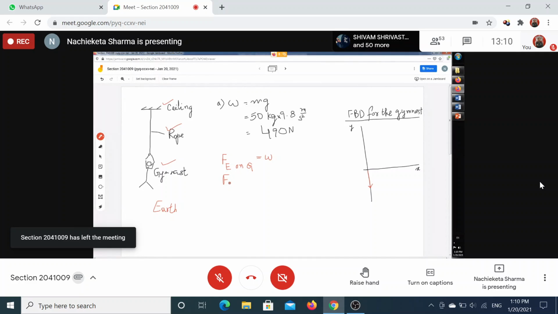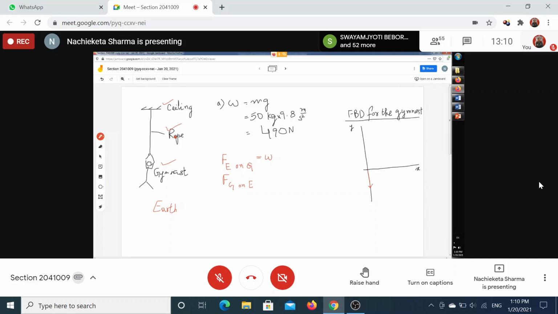So force of gymnast on earth, that is also there. If one is action, the other will be reaction. Then the rope has negligible mass, so the rope is not being attracted by earth, or earth is not being attracted by rope.